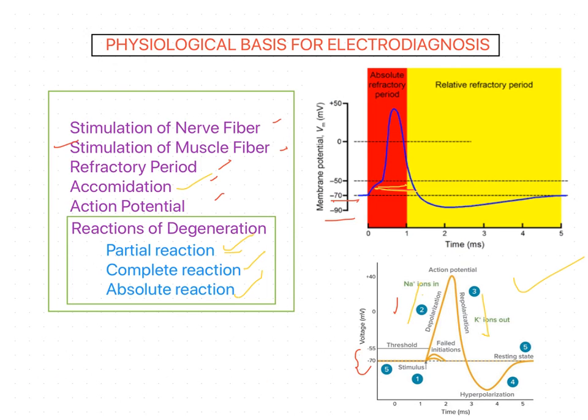In the complete reaction of degeneration, if the lesion totally obstructs the activity of the motor unit, there will be no response to the Faradic type of current.